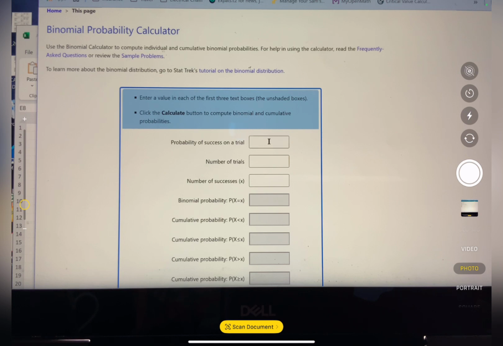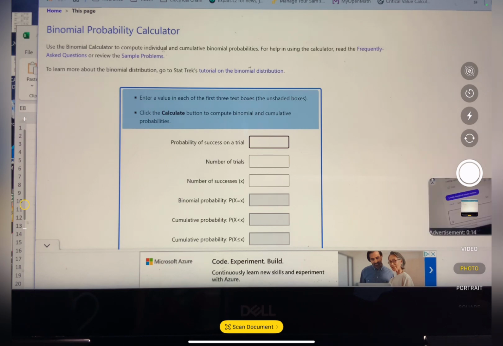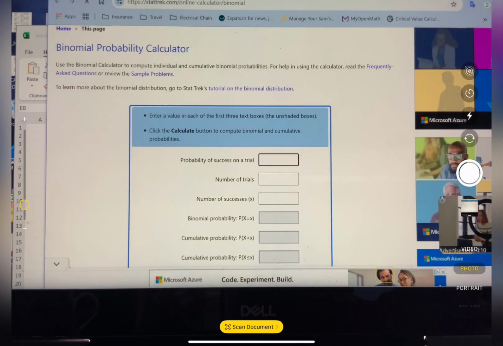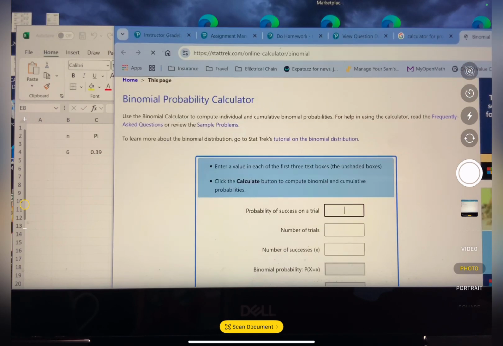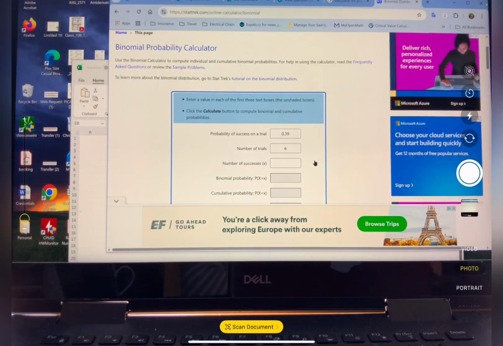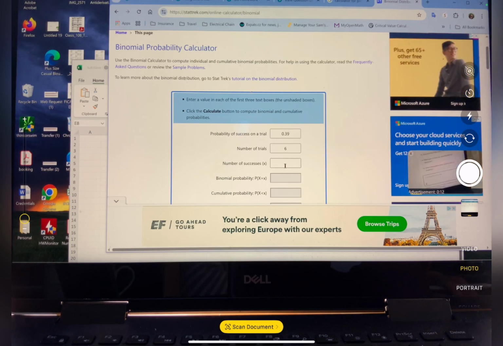So our probability of success was 0.39, right? Yeah, 0.39, I see it there. Number of trials total, we have 6. And then the number of successes.